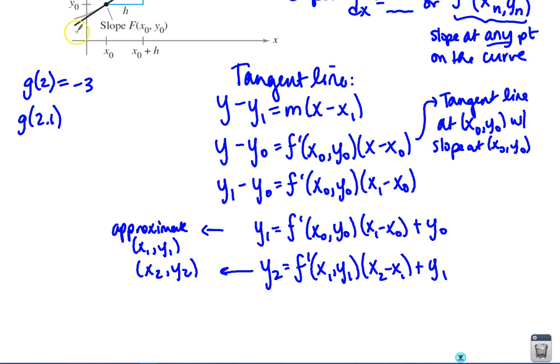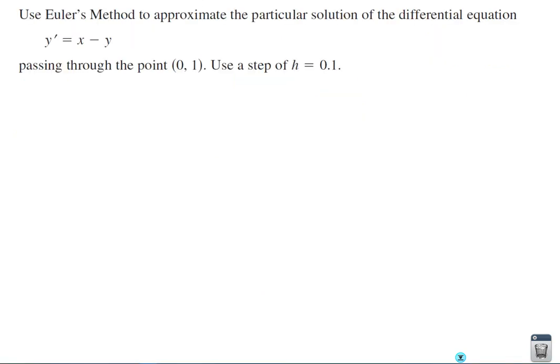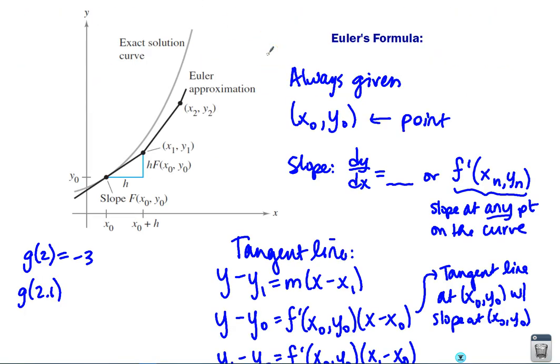So in general, for Euler's method, do I have that? Nope, this is just an example page. So in general, I'm going to do a little modification here. Bear with me for just a second. There we go.